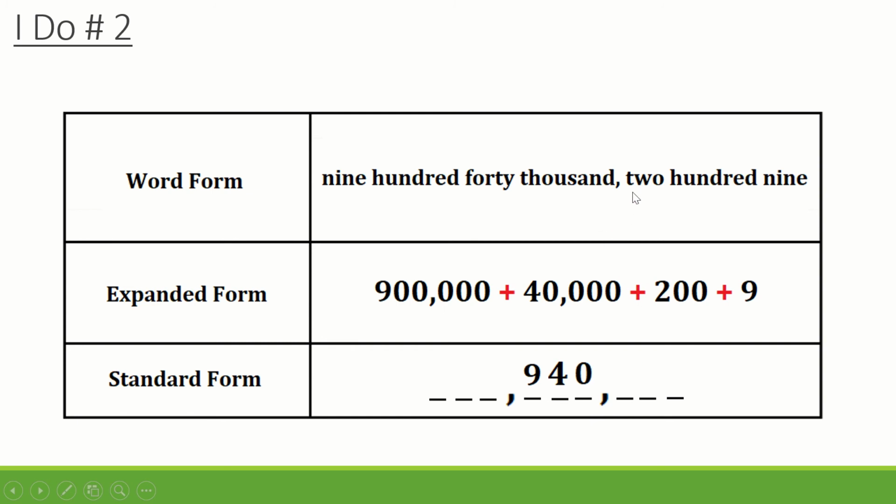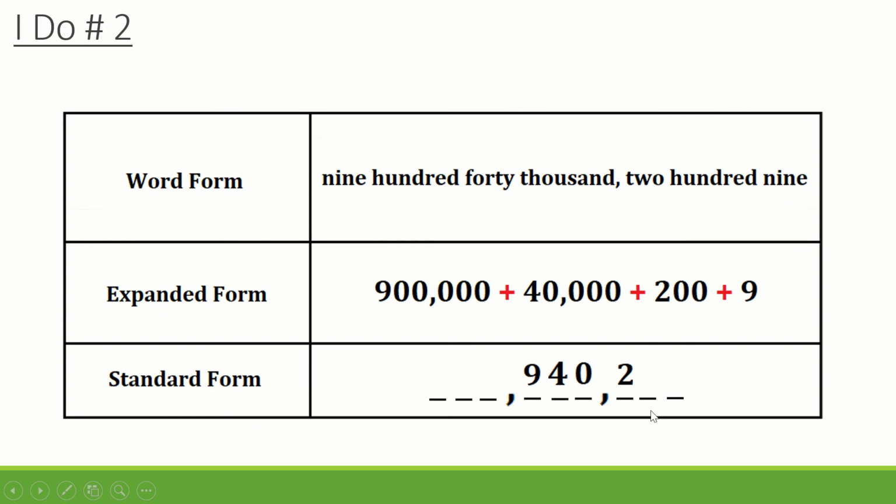I'm going to move on to my hundreds place. I do have a digit of value in my hundreds place, and here we can see that it is a 2 that should go in that hundreds place, and that is also shown and reflected here. So I'm going to place a 2 there. I do not have any tens. I jump from 200 into my ones place, which is represented by a 9.